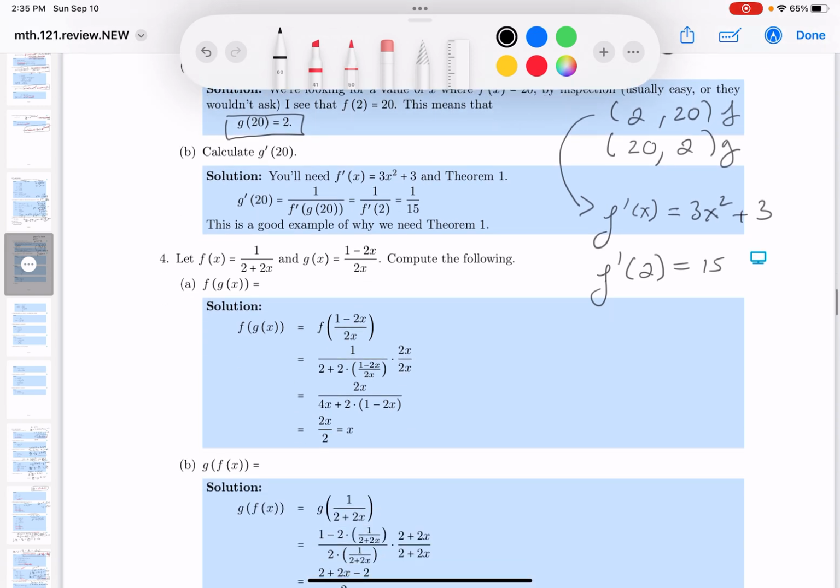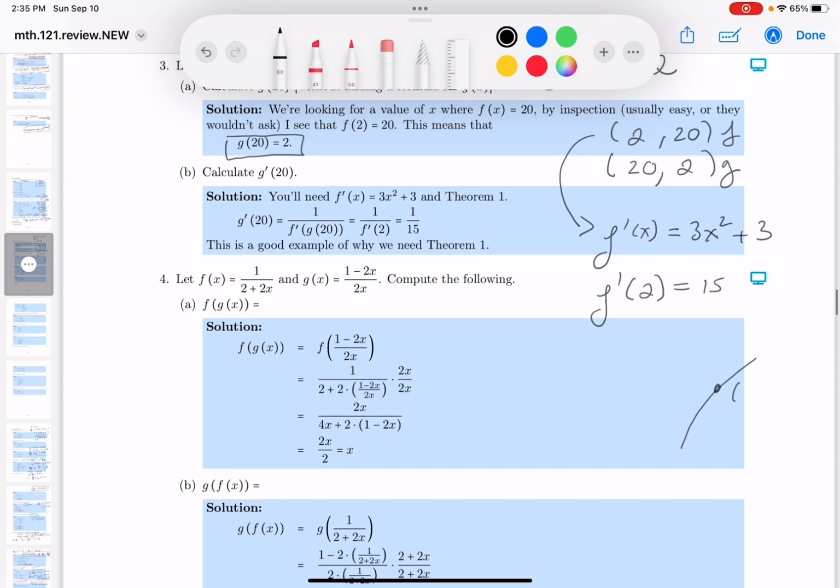Now, again, I want to point out, whatever this function looks like at the point, I'm not saying that's what the function looks like, but it's sort of. This is the point (2, 20). I know there's a tangent line over here, and that tangent line has a slope of 15.